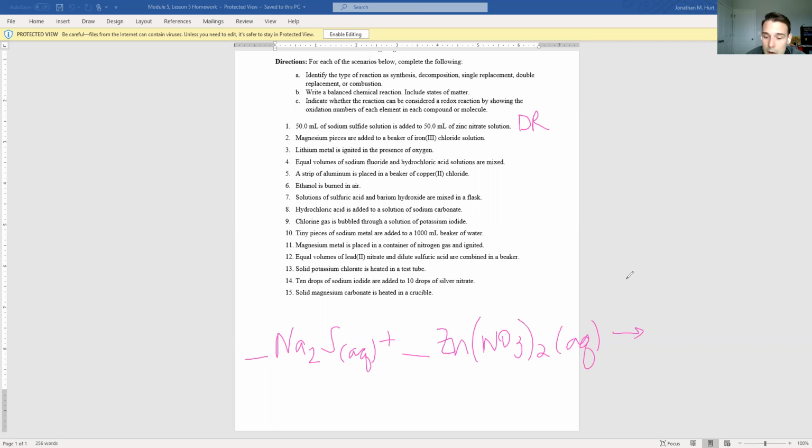oh, I have to figure out what they are. Well, it's NaNO3, which I know is aqueous because all nitrates are soluble, plus zinc sulfide, which is ZnS.